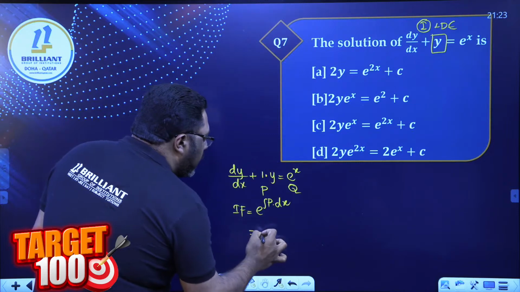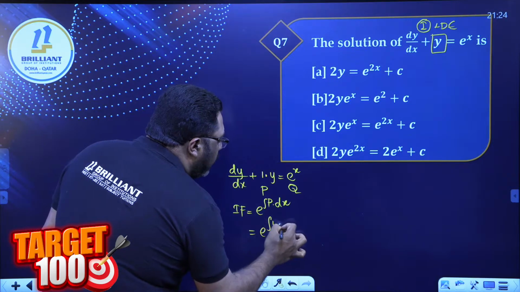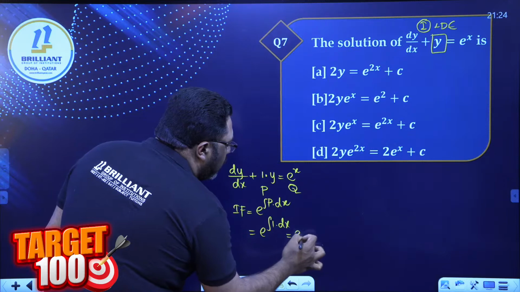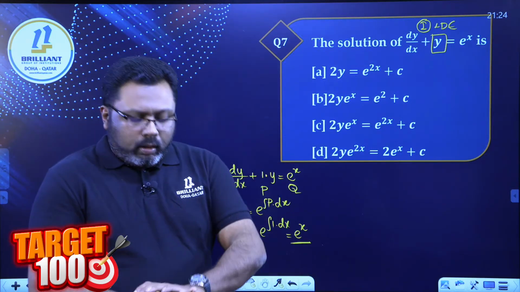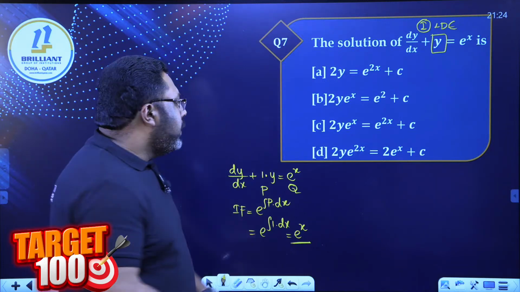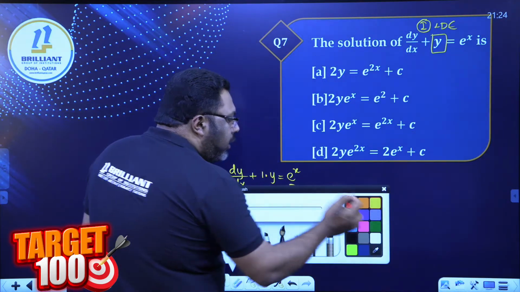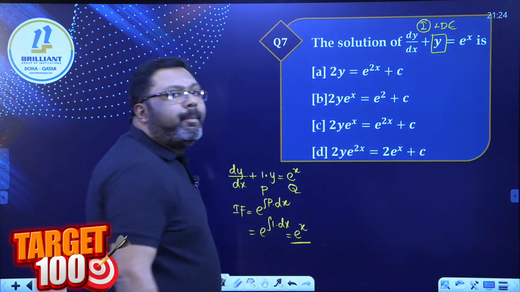That is e raised to integral 1 dx, equal to e raised to x. So what is my integrating factor? E raised to x.